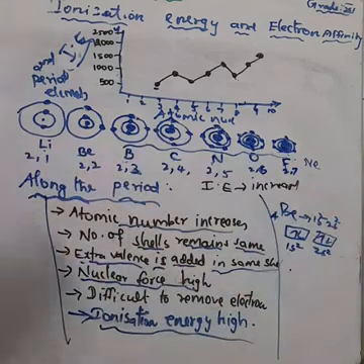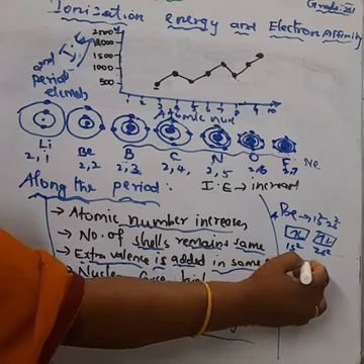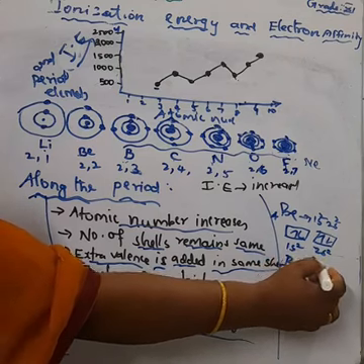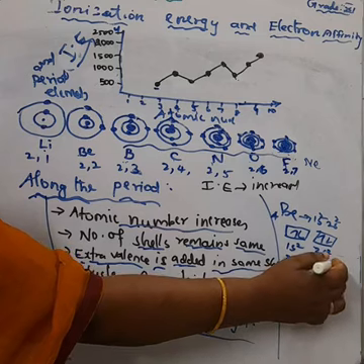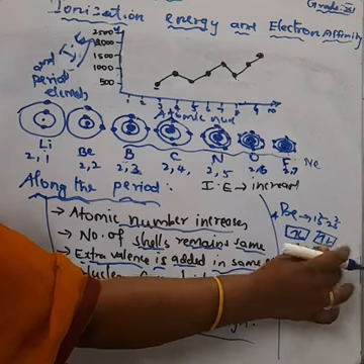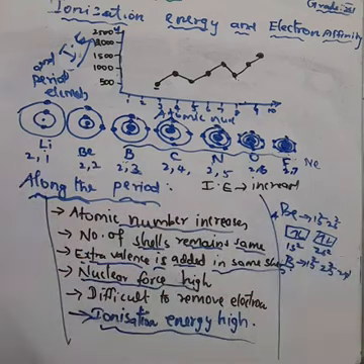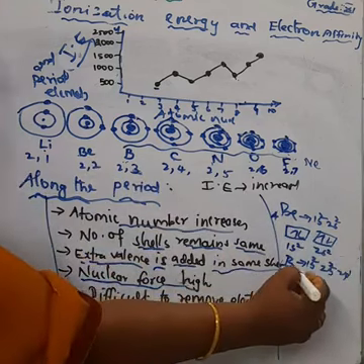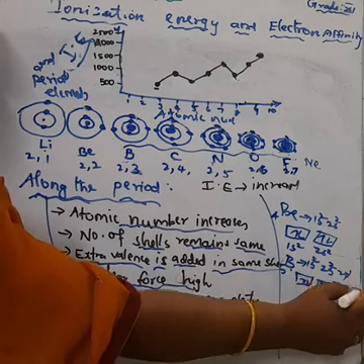But here I am taking boron, atomic number 5. So the electronic configuration is 1s2, 2s2, 2p1. The 1s orbital has 2 electrons, the 2s orbital has 2 electrons, but the 2p orbital has only 1 electron. This is not half filled or completely filled.